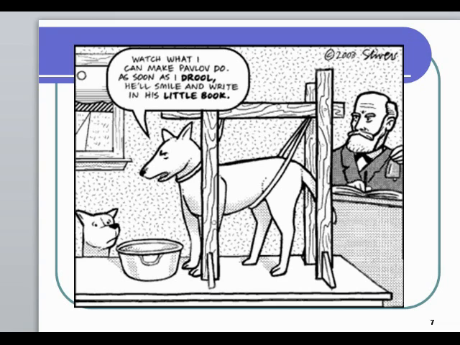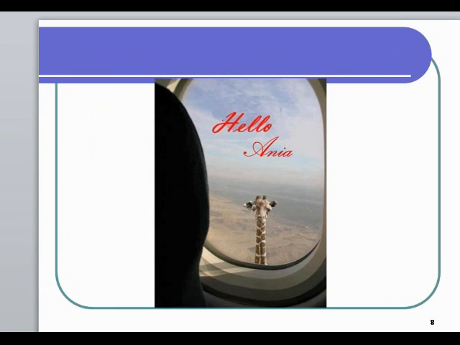And the dogs are not as stupid as some people used to think. Okay, so there's another genre here, playing with genre. I have befriended someone on Facebook and they put this joke onto my Facebook. Now, we all have seen this joke with the giraffe looking into the airplane's window, but wasn't it nice?